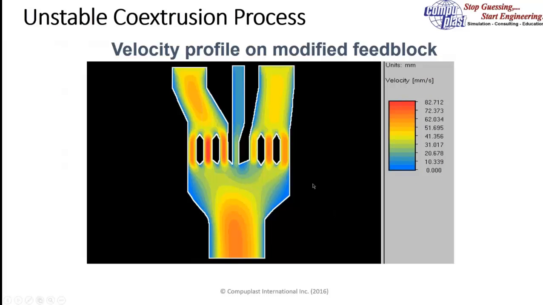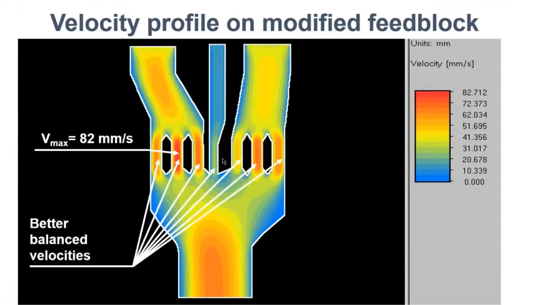Well, if the material wants to go faster when it comes together, we modify the geometries so that the center layer is pre-accelerated inside the flow channels of the feed block. So here we've essentially doubled the speed to 26 millimeters per second maximum velocity.